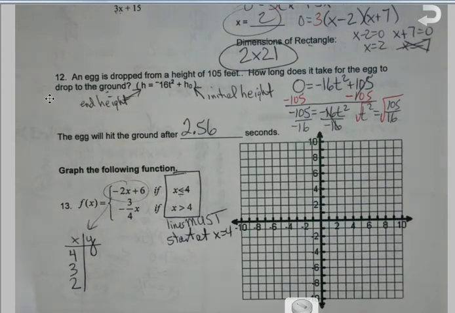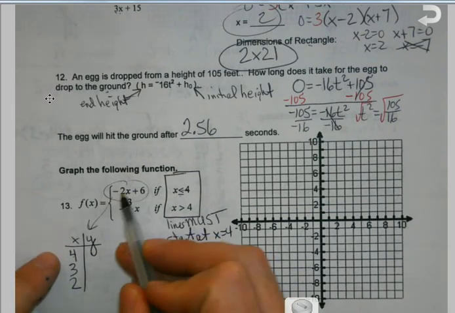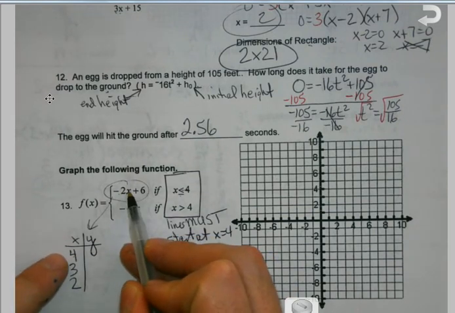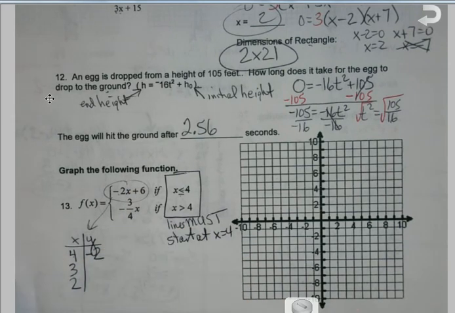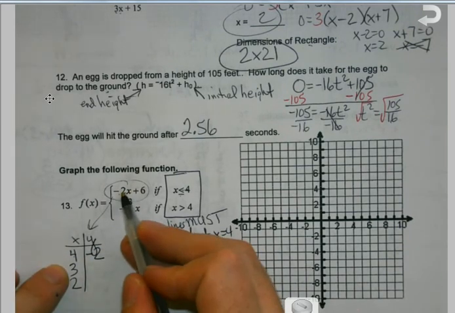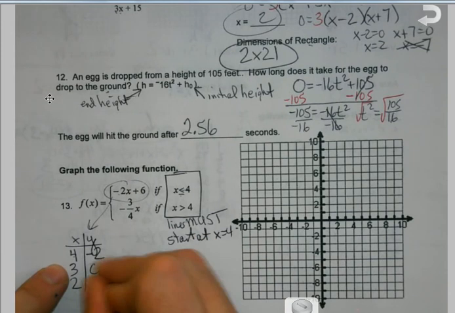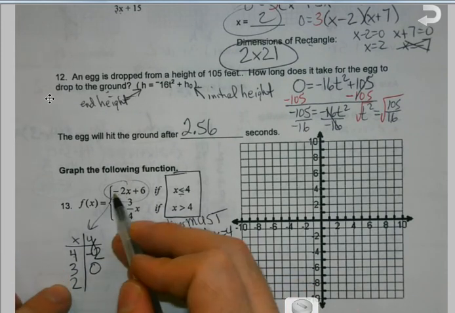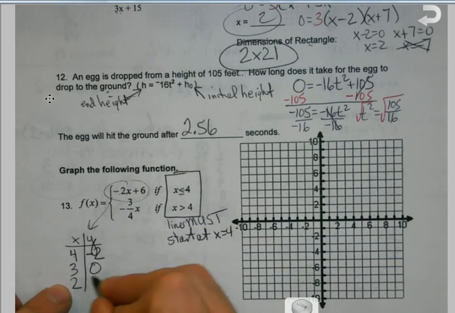I don't think that's necessary, especially with something as simple as just negative 2x plus 6. If I plug the 4 in, negative 2 times 4 is negative 8, plus 6 is negative 2. Negative 2 times 3 would be negative 6, plus 6 is 0. And negative 2 times 2 is negative 4, plus 6 is 2.